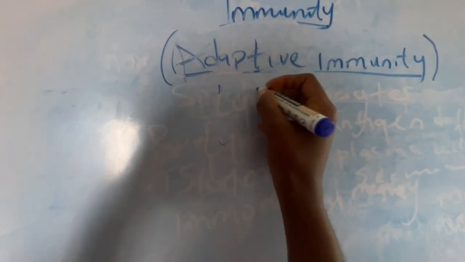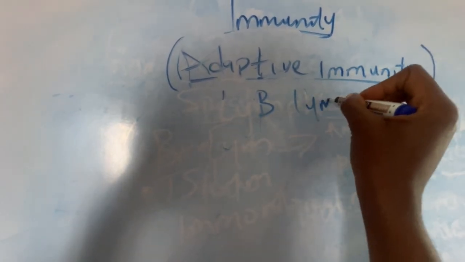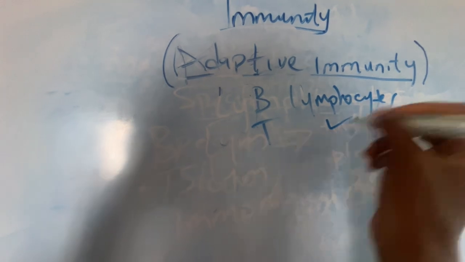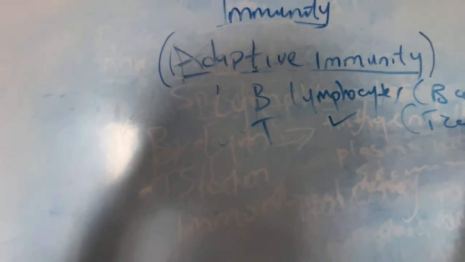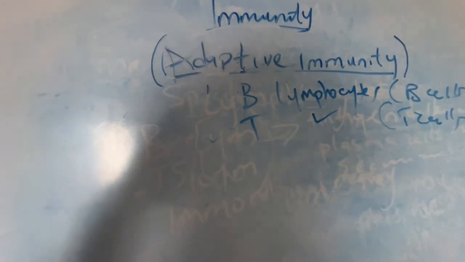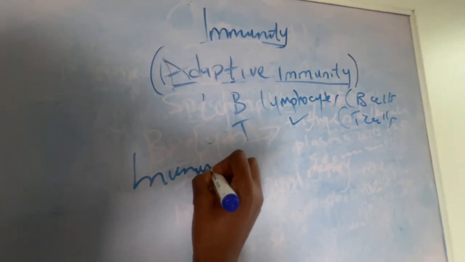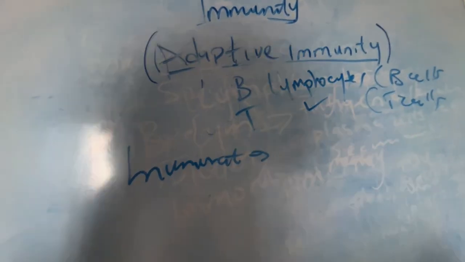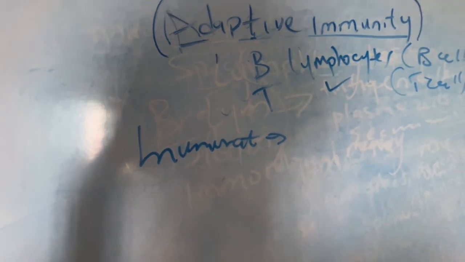Two major cells involved in adaptive immunity are the B lymphocytes and the T lymphocytes, also known as the B cells and the T cells. The B lymphocytes are involved in humoral immunity, which means that it involves the production of antibodies. That is the function of the B lymphocytes in adaptive immunity.